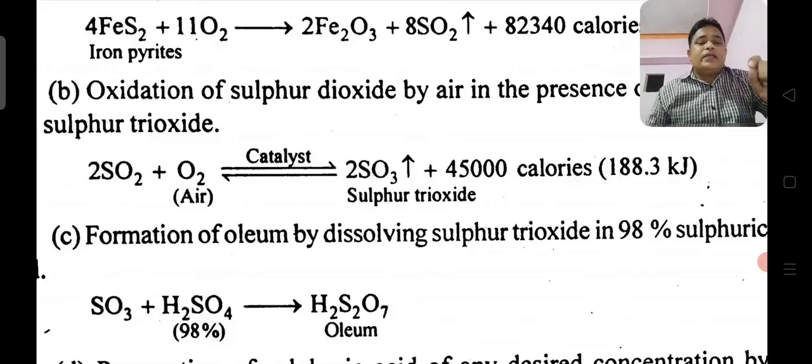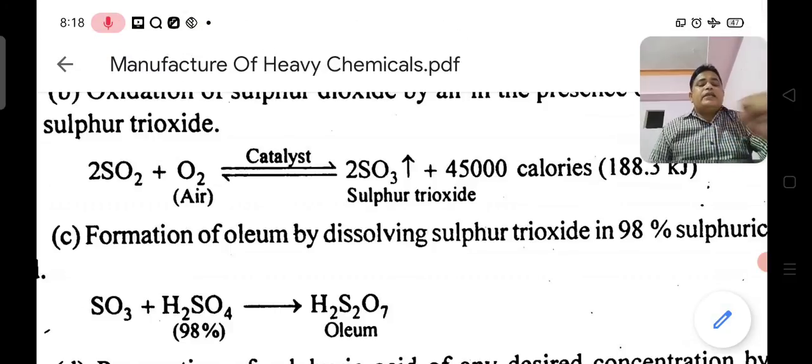Here, if we see this reaction, 2SO2 + O2 ⇌ 2SO3, this is a reversible reaction. As well, a large amount of heat is evolved, that means this is an exothermic reaction. Hence the equilibrium shifts towards the right with decrease in temperature, that is, lower temperature favors the formation of SO3.